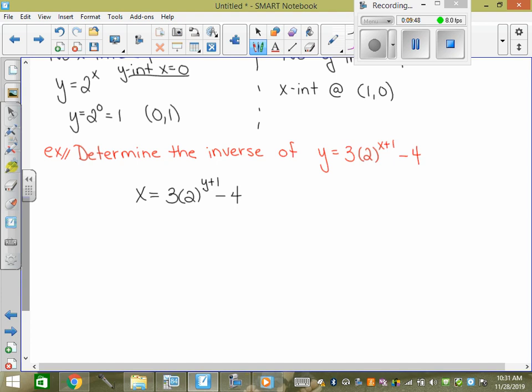And then I'm going to have to move the 3, because I can't convert to log until I actually have three pieces. If I have more than three pieces, I need to do some math first. Okay? So I'm going to add 4. I'm going to go x plus 4 equals 3 to the y plus 1. And then what am I going to do? Divide by 3.